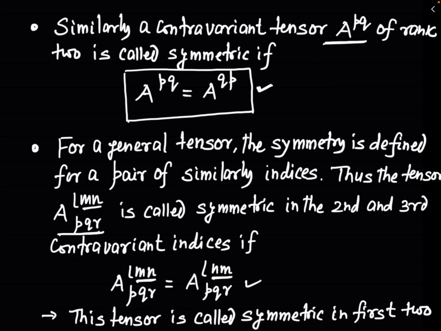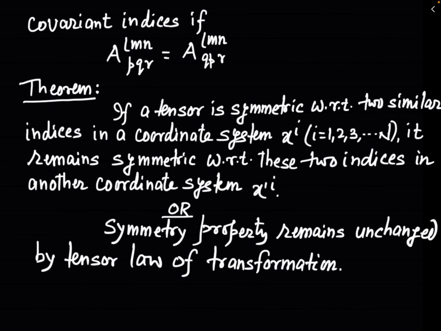In fact, if you want to define the symmetry of this tensor A with respect to a pair of covariant indices, let us consider we have to define the symmetry of this tensor with the covariant indices P and Q. You may select it. So this tensor A will be called a symmetric tensor with respect to the covariant indices P and Q when this condition is satisfied.